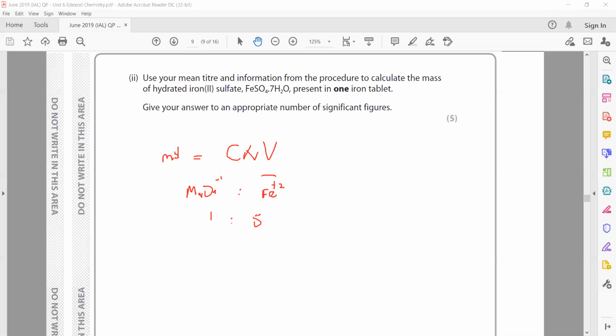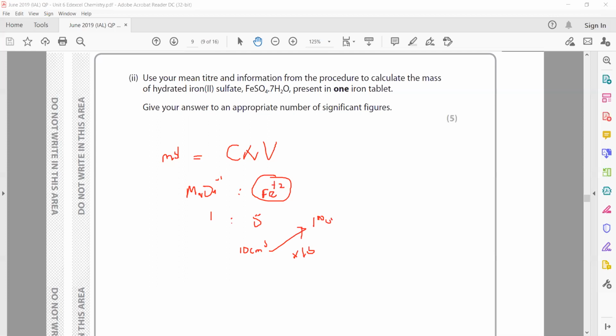So we'll get the moles of iron(II), but these are the moles of iron(II) in 10 cm³. We took out only 10 cm³, so we'll multiply by 10 to get the moles in 100 cm³.